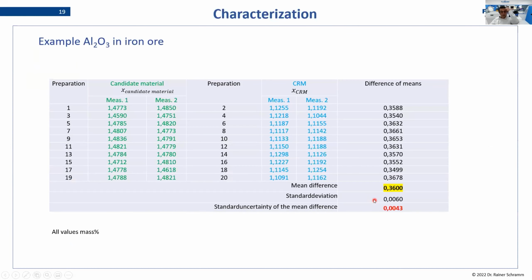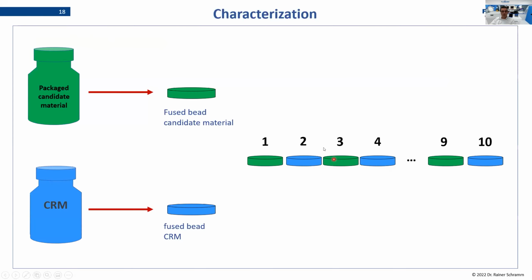When you do that, that means you make 10 preparations of the candidate material and 10 preparations of the CRM. Then we go to the X-ray instrument and measure them. And how does this work? If I go back, this is prepared and then measured 2 times on the X-ray.